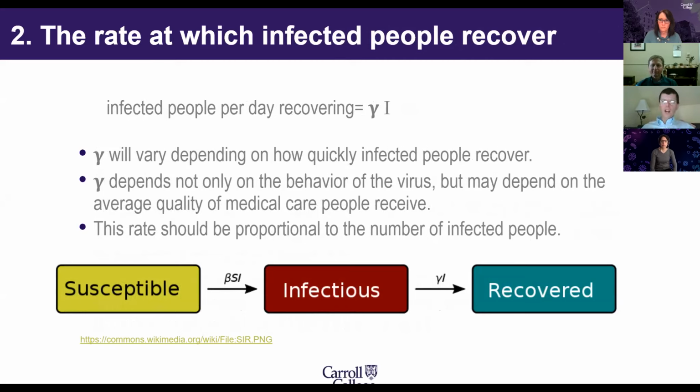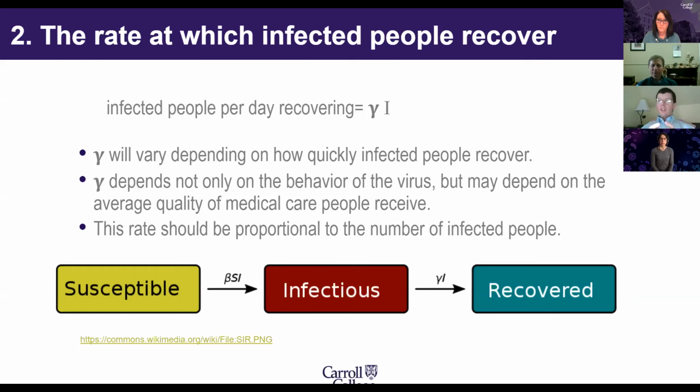And then we'll put a constant on that, gamma, which will describe how quickly infected people recover. This is going to depend on lots of things, not only on the properties of the virus itself and the human immune system, but also on things like how well people take care of themselves, and the quality of medical care people receive. Even if there's better, they'll be getting better more quickly, hopefully.